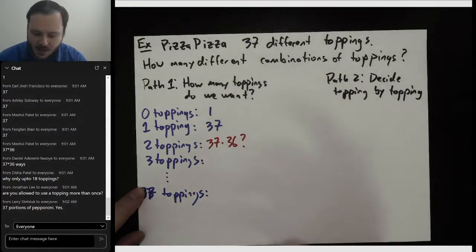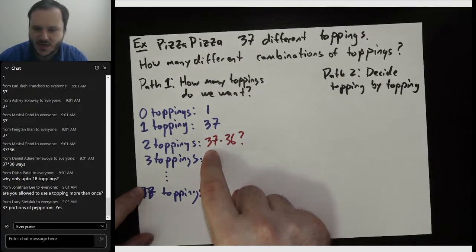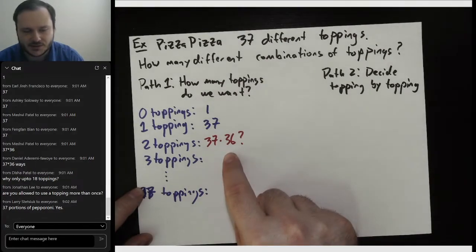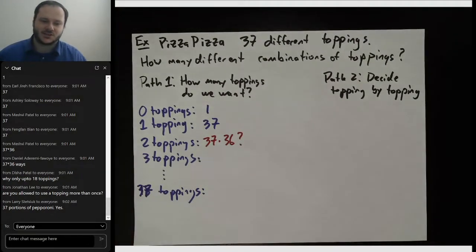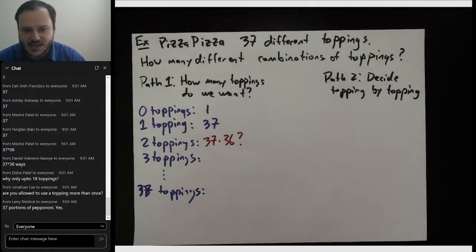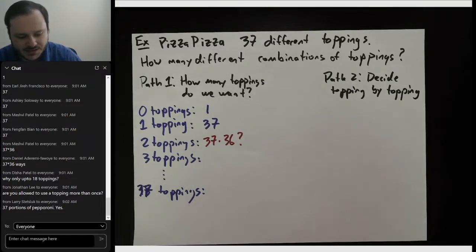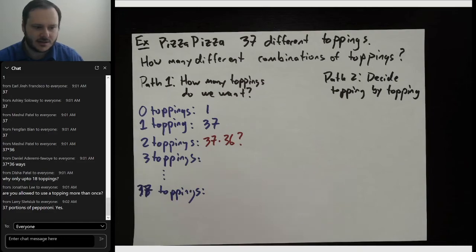A separate time, first I pick ham, then I pick pineapple. Oh, but wait, that's actually the same pizza. I picked the same combination of toppings more than once. I'm double counting ham and pineapple pizza, because the order I put toppings on doesn't matter.